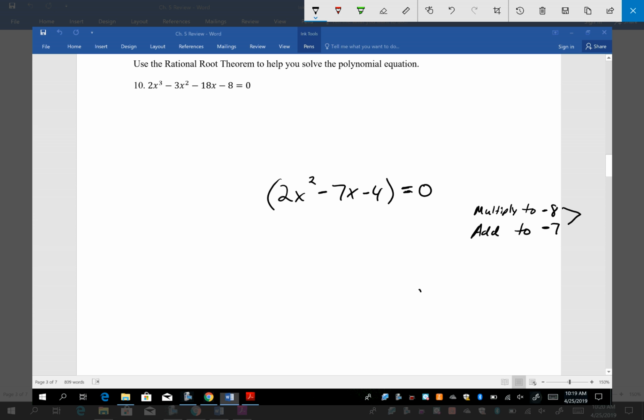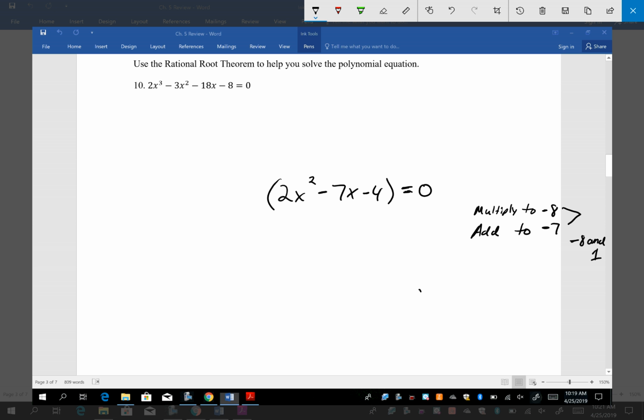So ask yourself, what two numbers make that true? 8 and negative 1 will make one of those true, but not the other, because if I add these I get positive 7, and I want negative 7. So actually the two numbers are negative 8 and positive 1.